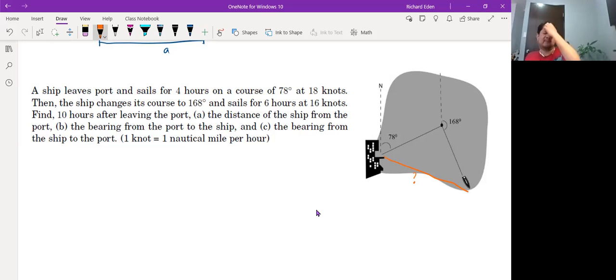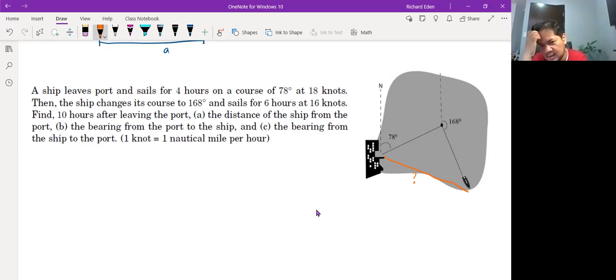Why not? We can consider the two north lines being infinite parallel lines, so we can essentially calculate the other angle, the more obtuse angle other than 168.